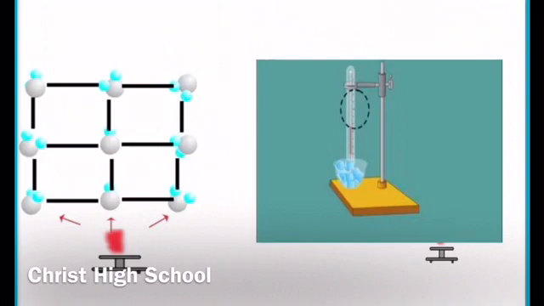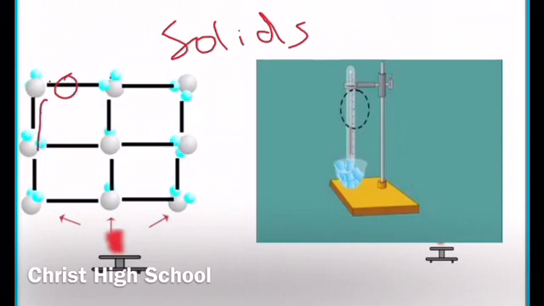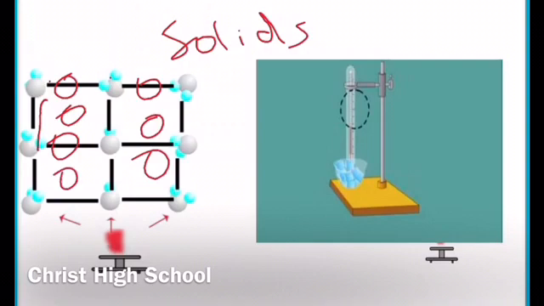In the case of solids, we know that there is a proper order of the particles like this. There is a regular arrangement of particles, closely packed, and they can only vibrate at their fixed position. We studied all this.